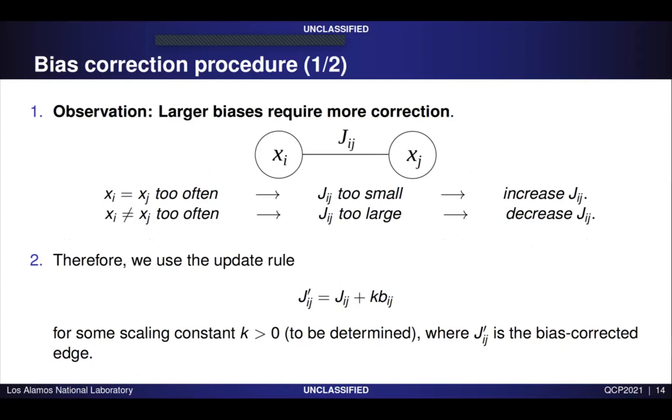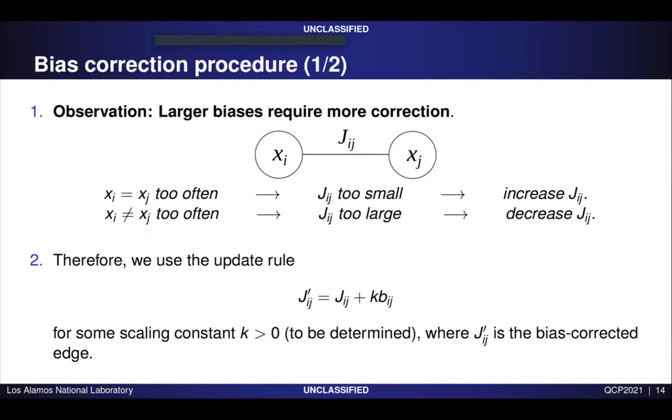And if a pair of variables do not appear in the same partition very often, then decreasing the quadratic weight, J sub ij, will incentivize both variables to take the same value, thus correcting that bias.